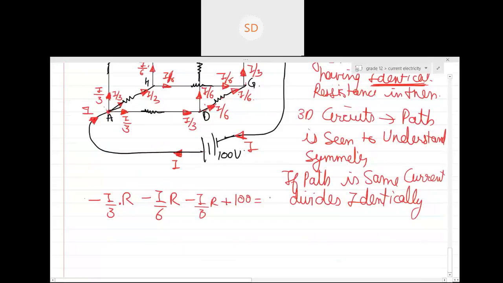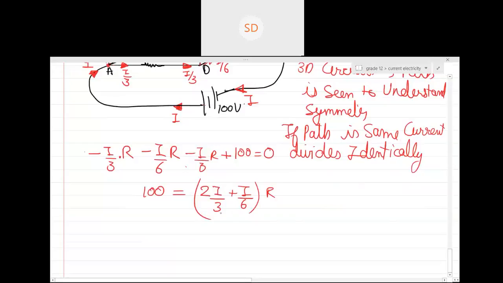This is basically 0. So what is I by 3 plus I by 3? 2 I by 3 and I by 6. So 100 is equal to twice of I by 3 plus I by 6 into R.